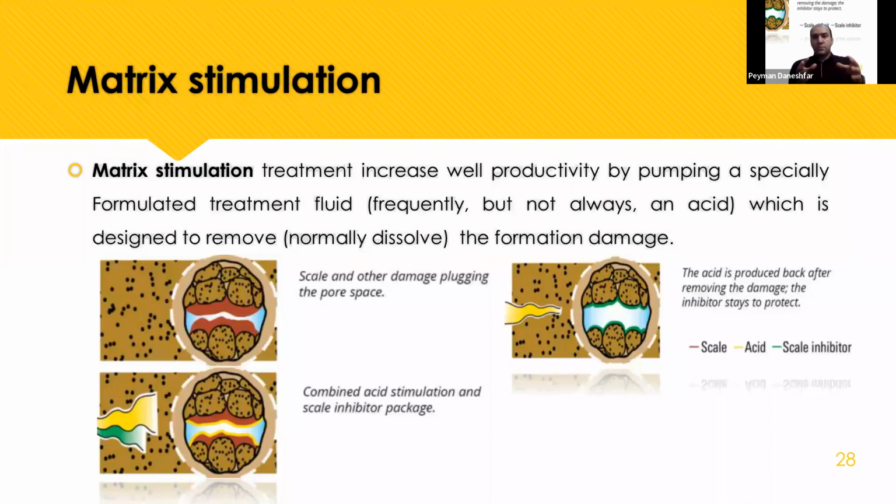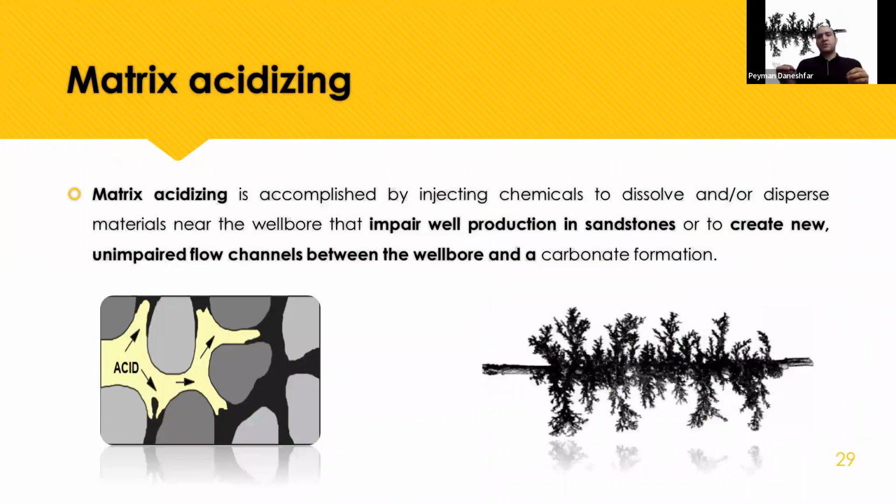Okay, so matrix stimulation is different from matrix acidizing. In matrix stimulation, we inject a special fluid into the well to cure the well. But in matrix acidizing, we inject acid with some special additives into a well to remove the plugging of the pore spaces, which leads to removing the damage zone of the formation.